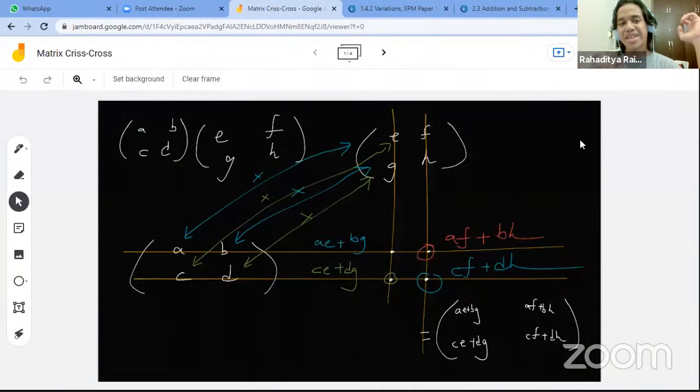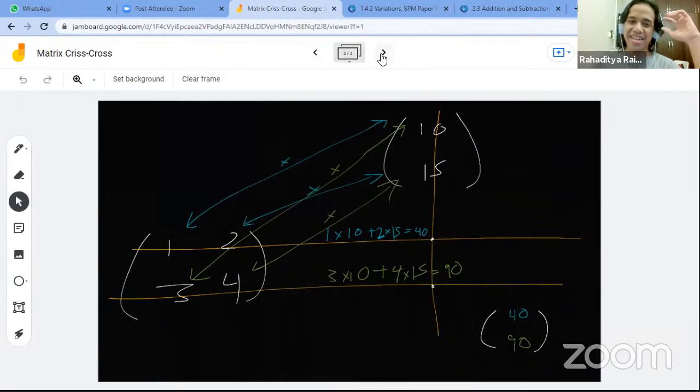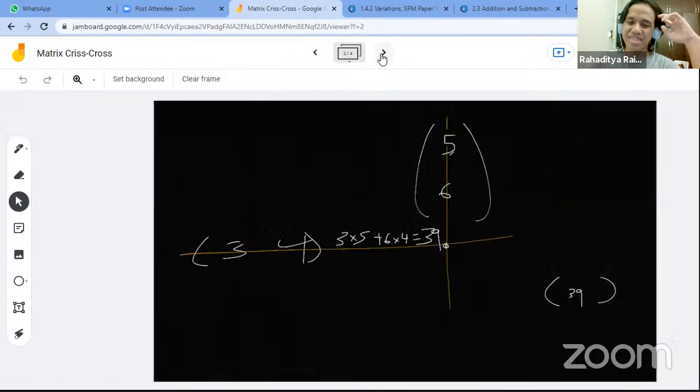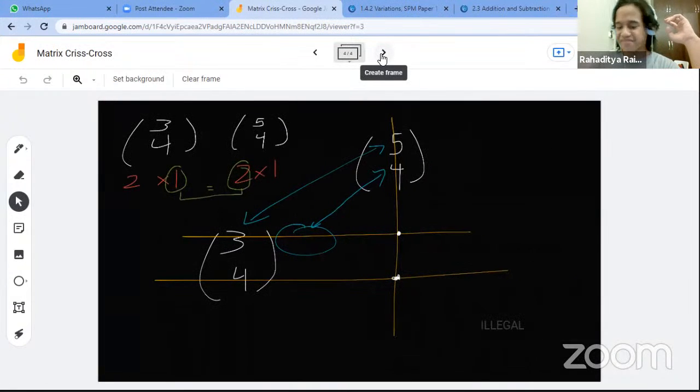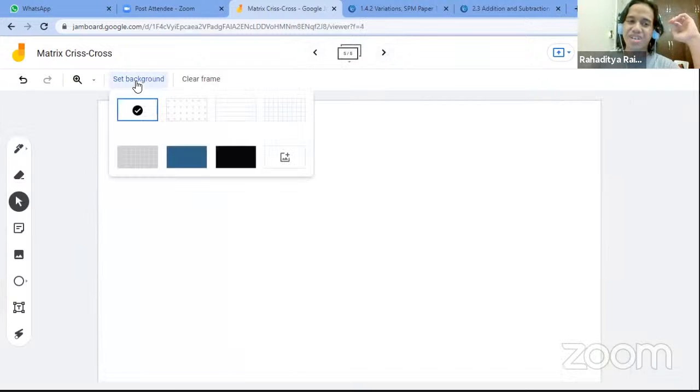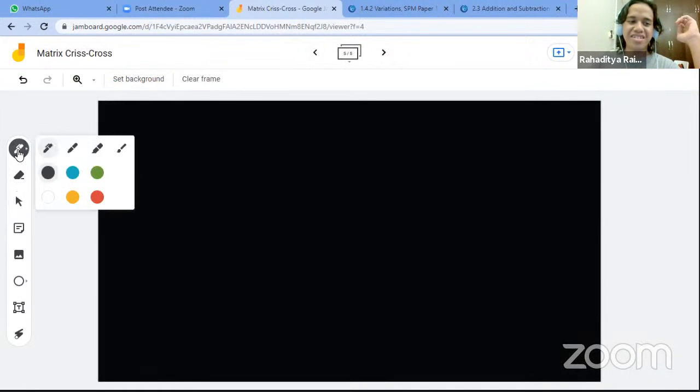Because multiplication is pain. Even I can tell you that during my time last year when I was studying matrices, it took me a long time to figure out how multiplication of matrices works. So let's go into that together.